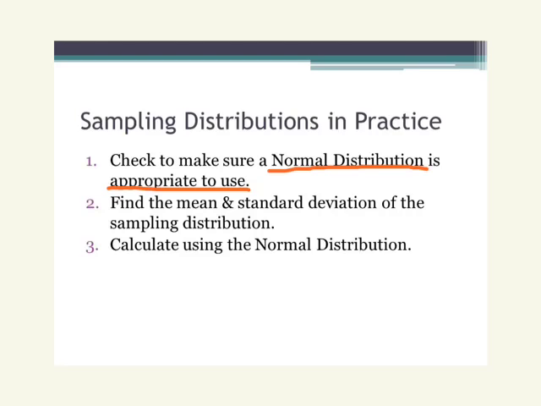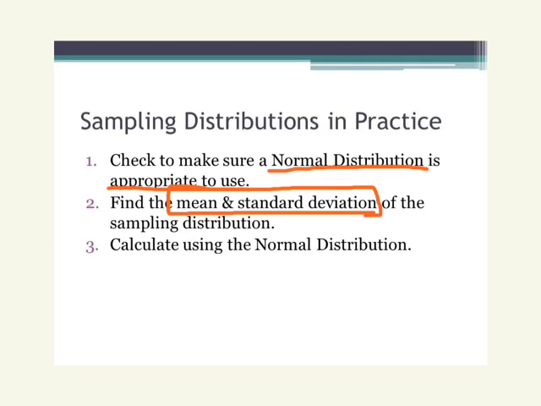All right, the second step, once we've determined that yes, a normal distribution is appropriate, well, we need to know the key characteristics that make up that normal distribution. And as we defined back in Chapter 2, all normal distributions are determined based on a given mean and standard deviation.